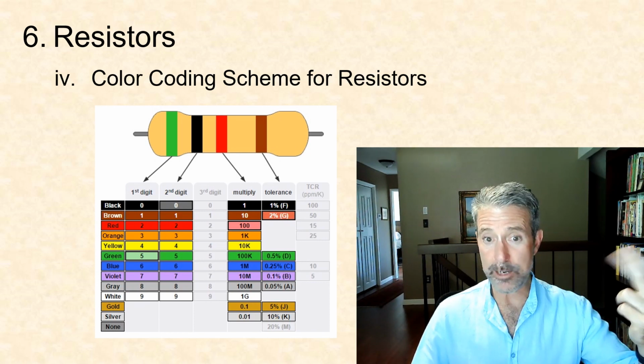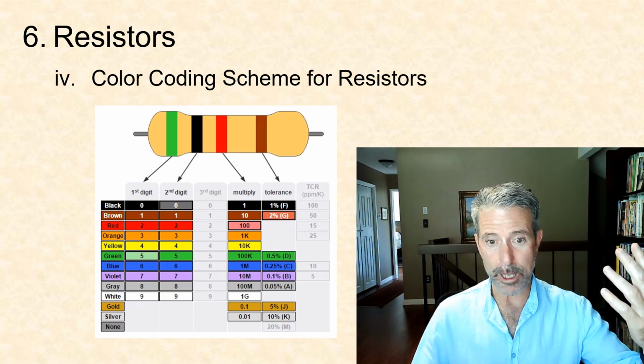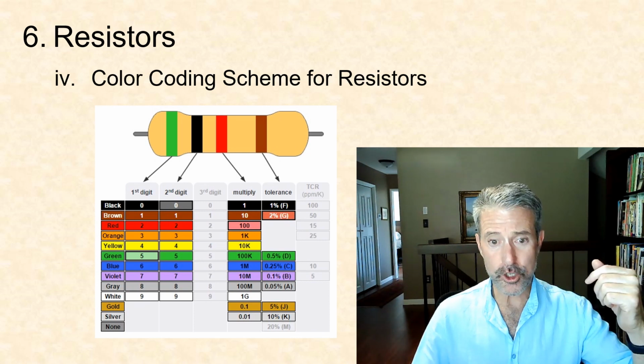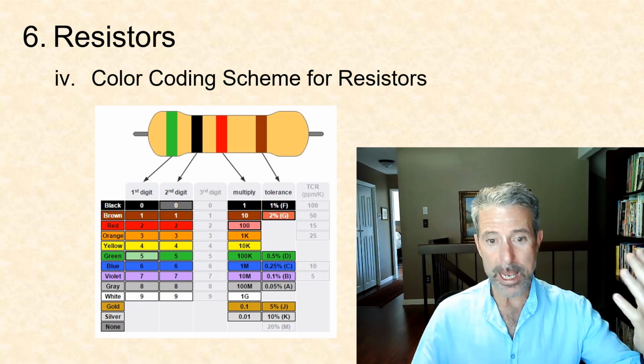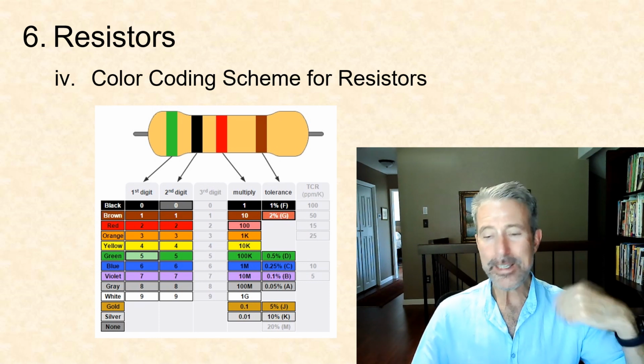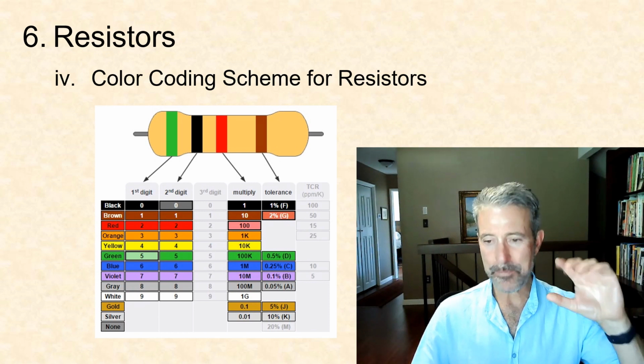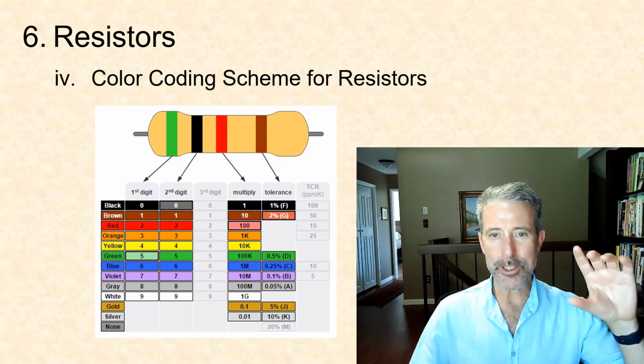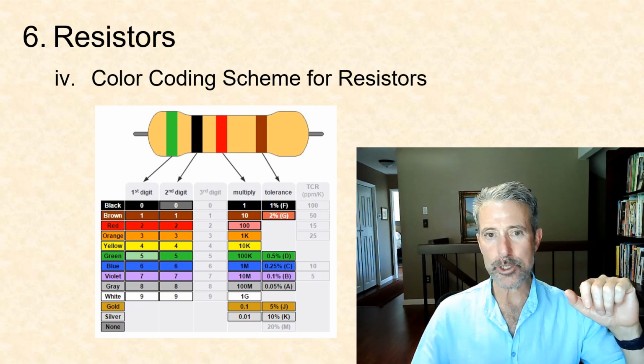Remember, the third band, which is red, is the multiplier. When you look at the color chart, the multiplier here for red is the number 100. So when you take 50 times 100, you get the number 5,000. That tells us that this is a 5,000 ohm resistor.